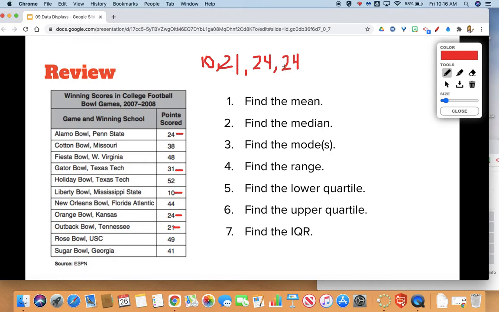I have a 31, a 38, no more 30s, a 41, a 44, a 48, a 49, and a 52.